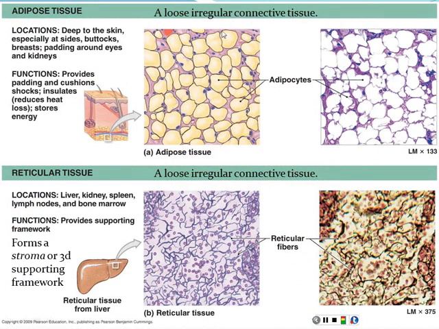A couple of other loose, irregular connective tissues. Adipose tissue is fat storage. In life, when you look at it, we would see these yellow globules. And when we get back into the cadaver lab, you'll get to see that fat is very yellow. Human fat is very yellow. Under the microscope, though, that fat ends up disappearing because it comes out when the slide is processed and put together.